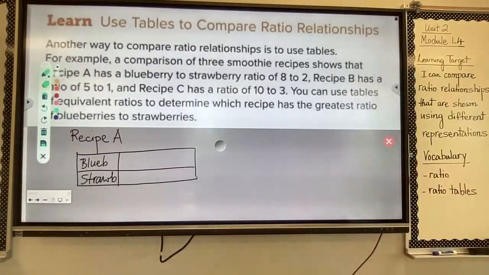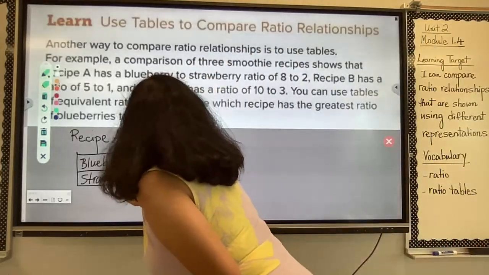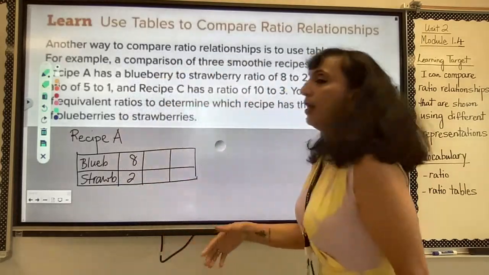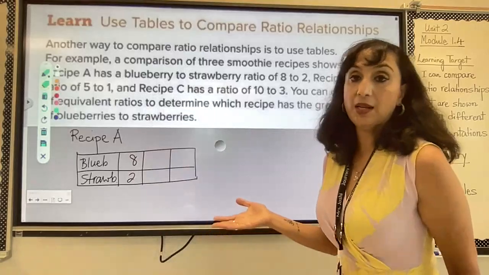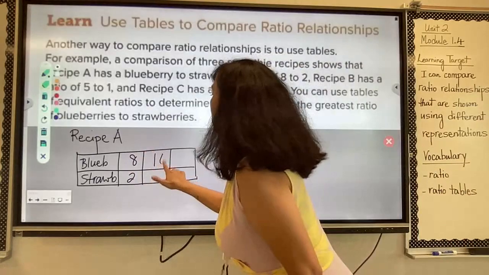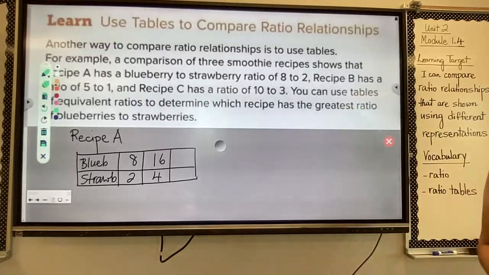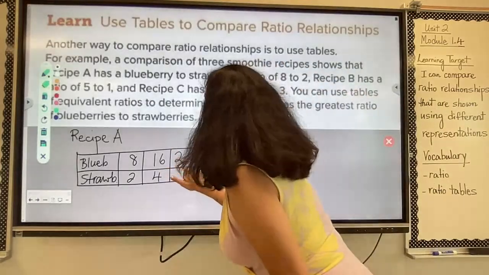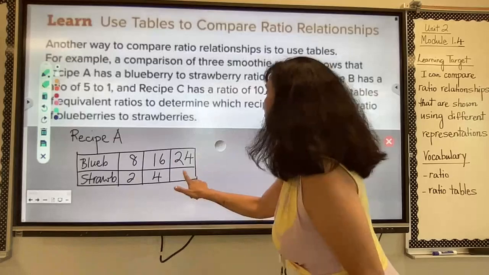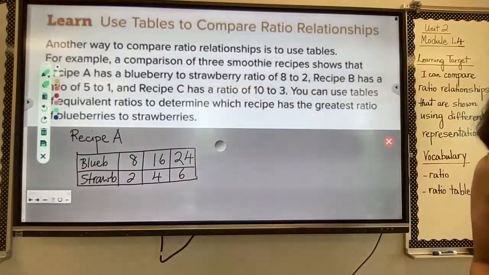The ratio that they have given me is 8:2. So then I'm going to use multiplicative structure. 8 times 2 is 16, 2 times 2 is 4. Multiplicative structure, and I'm scaling forward, and then I have 8 times 3 is 24, and 2 times 3 is 6. So this is what my table is going to look like for this one.